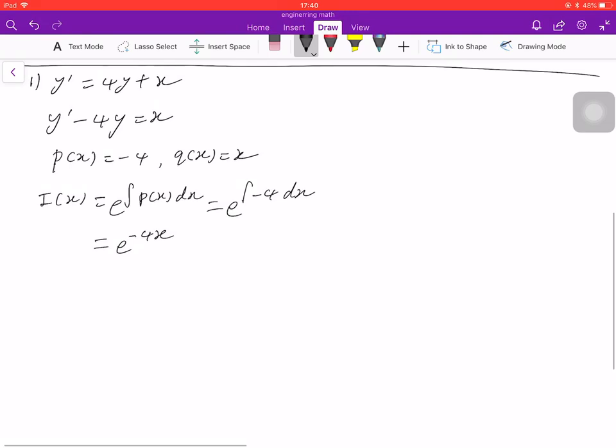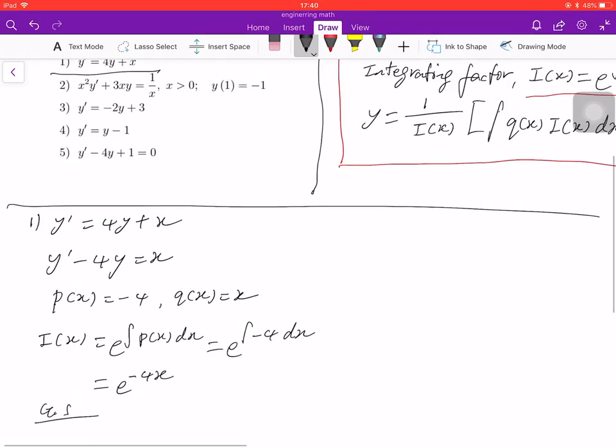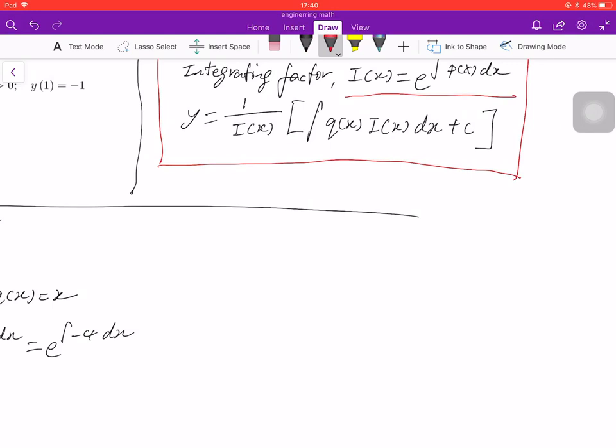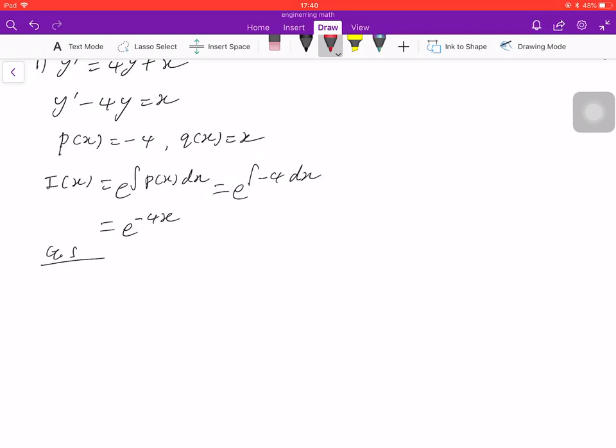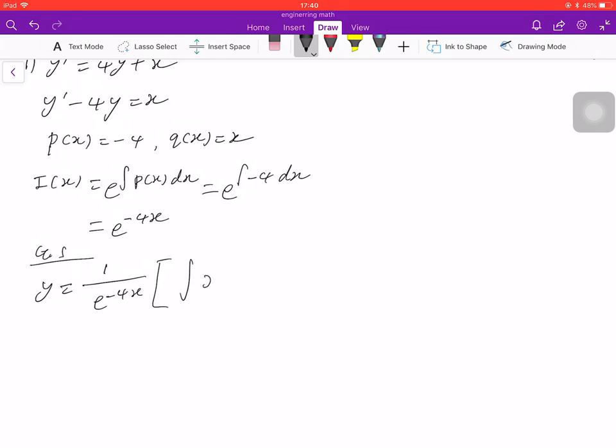Now for the general solution, we apply the formula. y is equal to 1 over the integrating factor, exponential of minus 4x, and then we integrate q(x) times I(x). q(x) is x, and the integrating factor I(x) is exponential of minus 4x, dx, plus c.